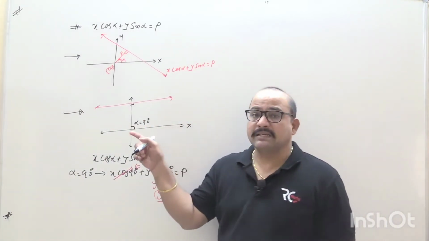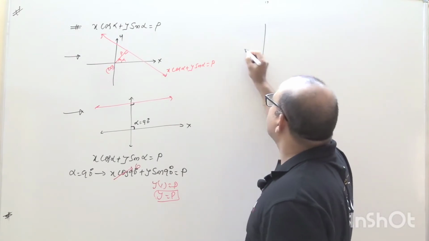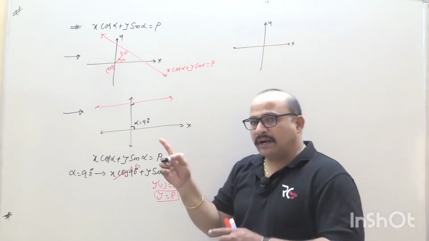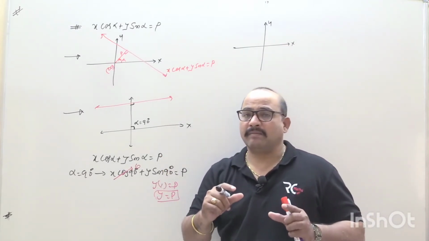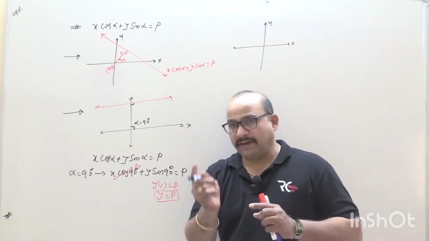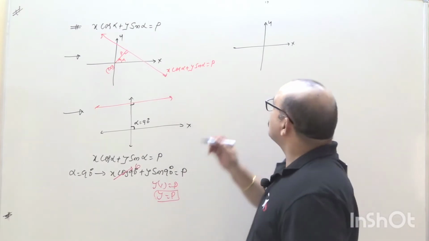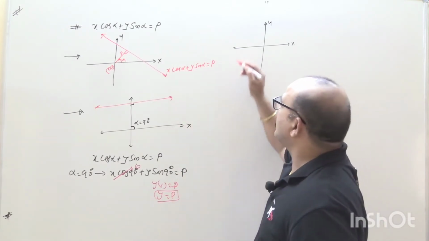Next position. Suppose the line is turned to 180 degrees, like this, with the x axis and y axis. Alpha can rotate from 0 to 360 degrees anywhere. Now this is the red color line, x cos alpha plus y sin alpha.